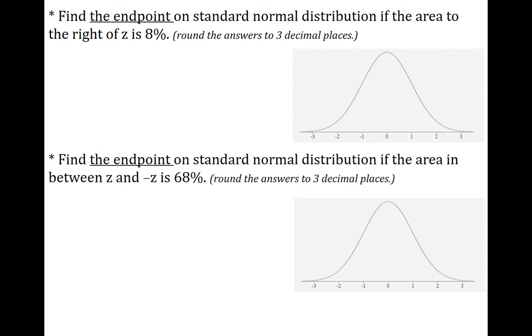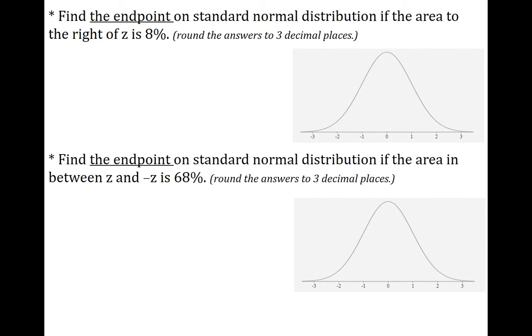Find the endpoint on the standard normal distribution for the area to the right of a z that is 8%. Okay, so first thing, I'm going to use an inverse norm, right? And if I'm going to talk left area, like most people have, then I'm going to calculate always in left area.